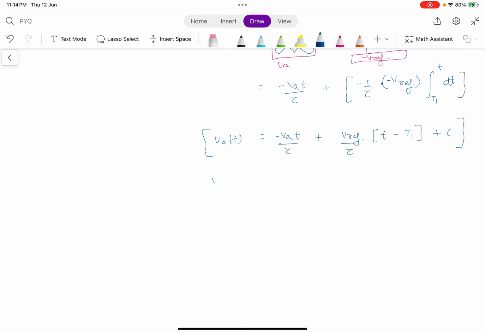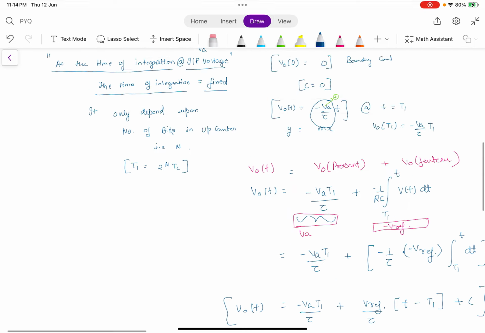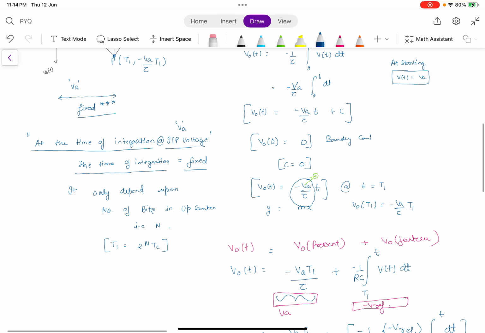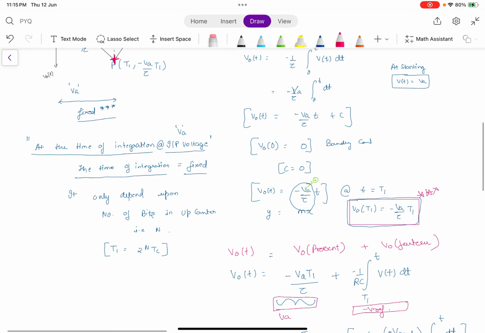If you put V naught of T1, as you know, it should be written as T1. I made this mistake, sorry for this. This is the voltage up to which it is integrated. I will put a box on this so you can see here: V naught of T1, up to this point in the graph, takes the value of minus VA T1 over tau.